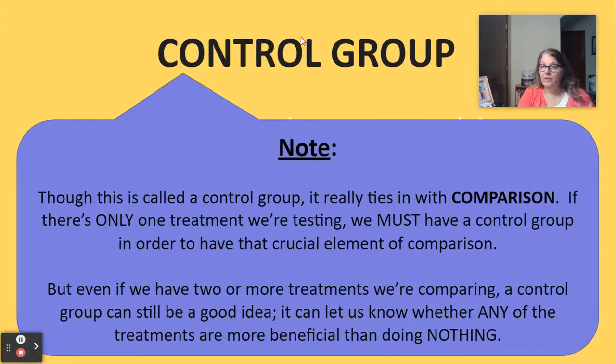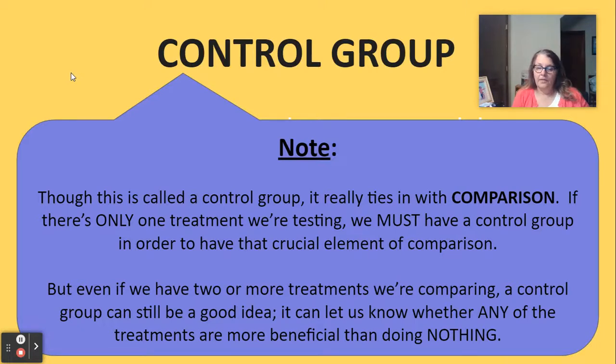So let's talk about the control group. Though this is called a control group, it really ties in with comparison, like I said earlier. If there's only one treatment we're testing, we have to have a control group in order to have that crucial element of comparison. And if we're comparing two or more treatments, a control group could still be a good idea, okay?